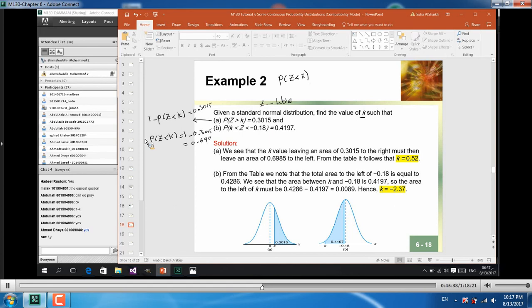Now from the table we go and look for 0.6985 and see it in front of you. It is in front of K, which is 0.52. You need to practice doing this yourself. From the table, 0.6985 is in front of whom? In front of 0.52.